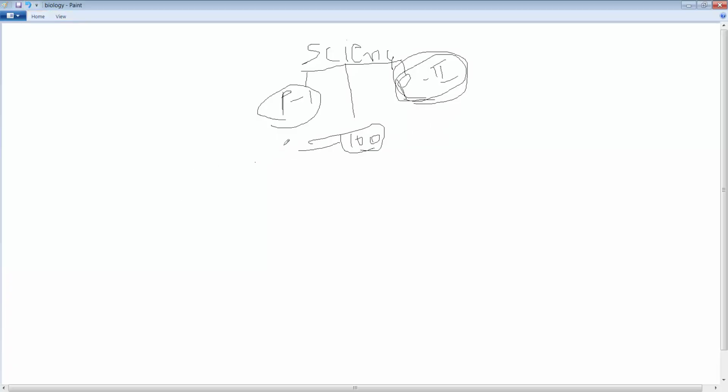In physical science again, for FA, formative assessments, there will be 4 formative assessments. For the 4 formative assessments, there will be 10 marks.